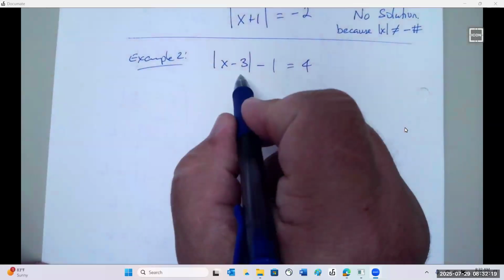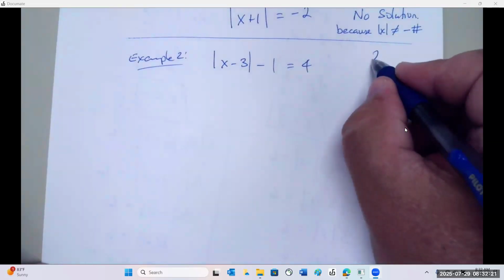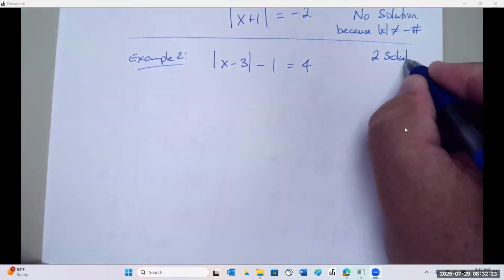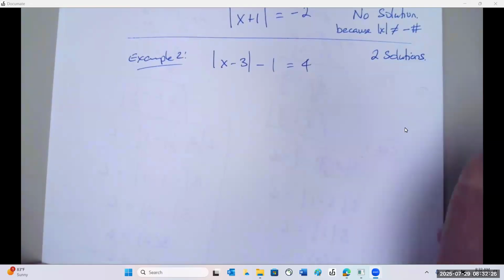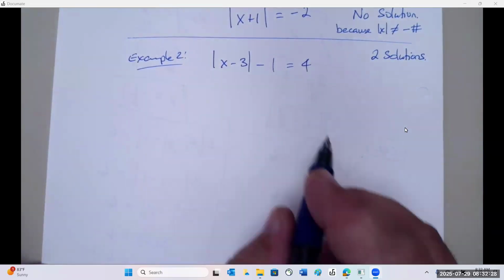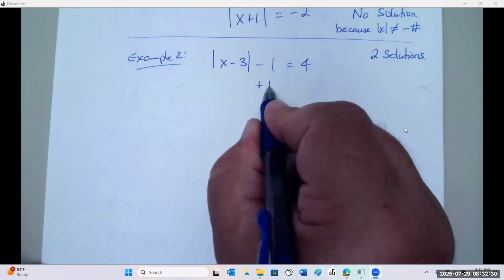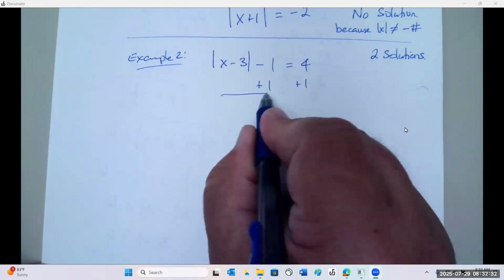Because it's an absolute value, we know we have to have 2 solutions. So first step, get rid of the 1. Add 1 to both sides.